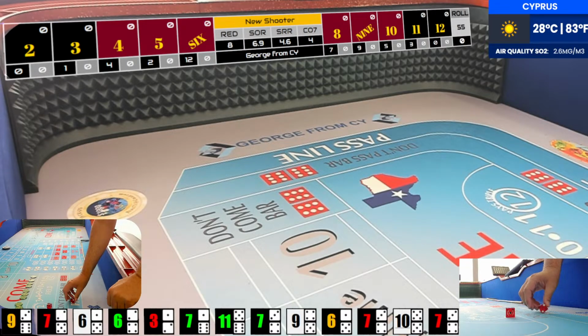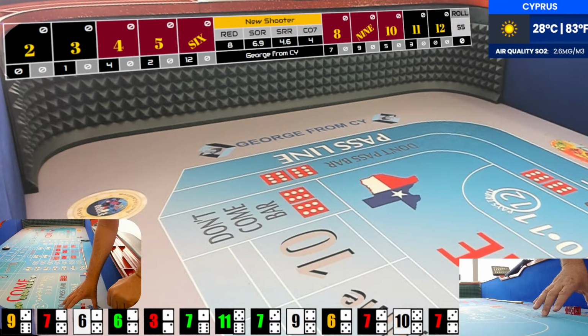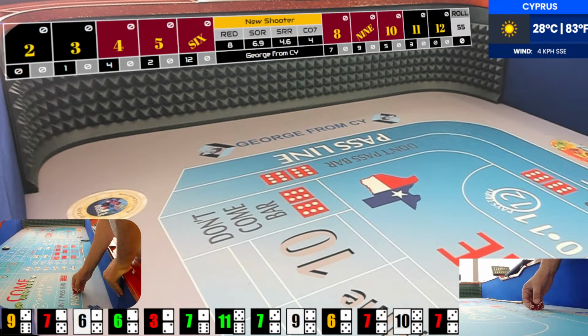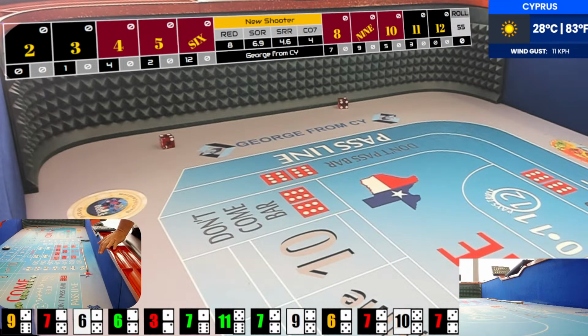All right, secondary V sets, 3, 2, 1, 3. Four, 2, 6.